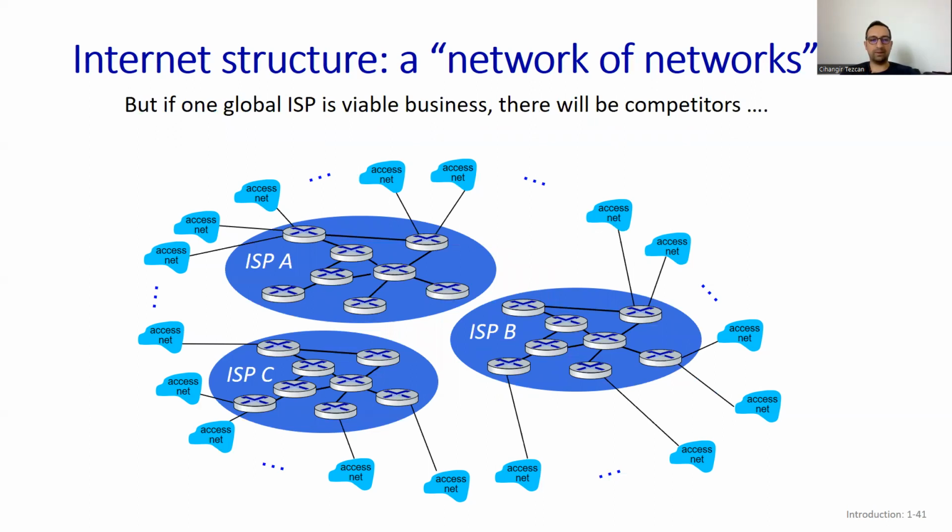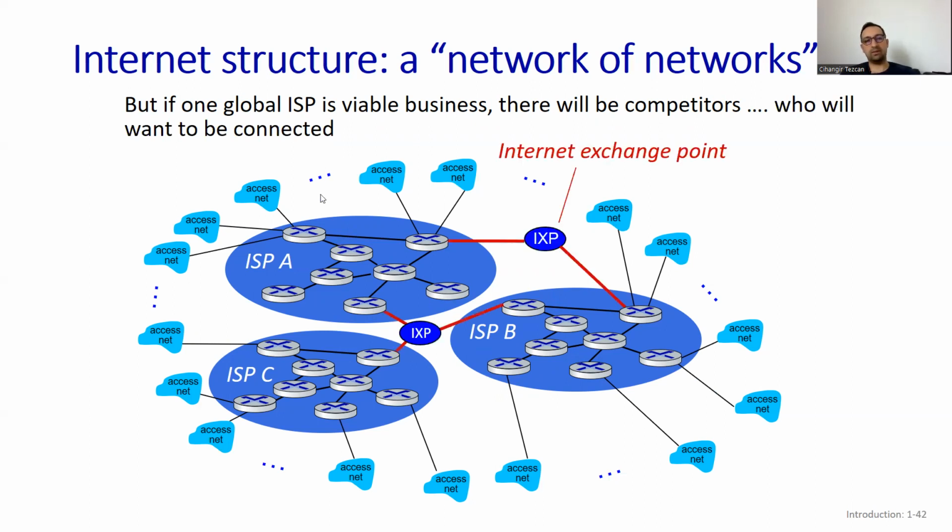So instead, let's have more ISPs, somehow connected to each other. But if one global ISP is a viable business, there will be competitors who will want to be connected too. Because when you have the global ISP, anything below it is a customer, and you have to pay money to connect each of these ISPs.